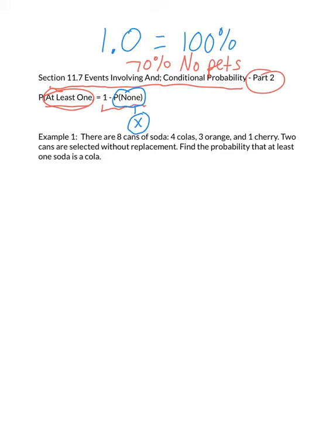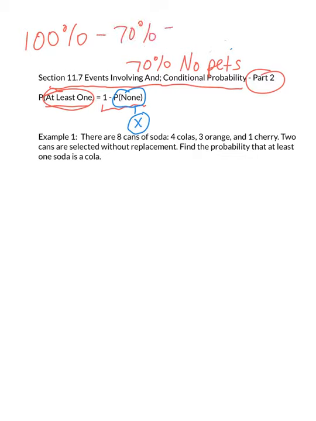If you said 30%, you're absolutely correct, because you take the 100%, you subtract the opposite scenario that you do know, that 70% of the class owns no pets whatsoever, and that implies that 30% of the class would have at least one pet, so one or more, in other words, at home.